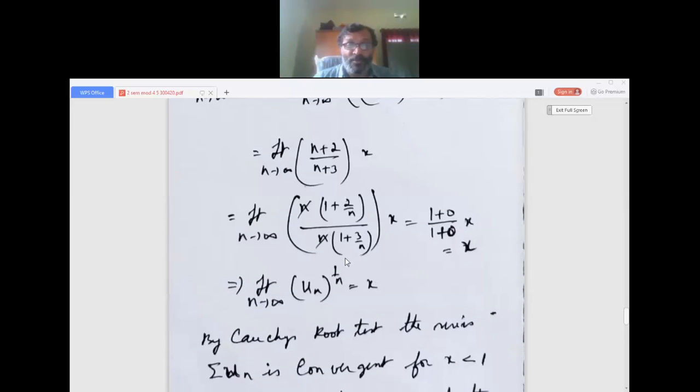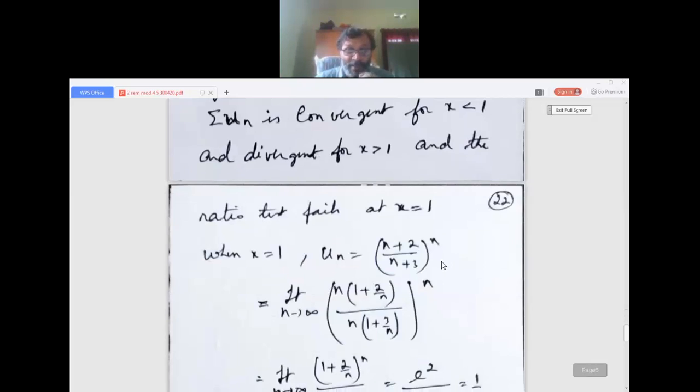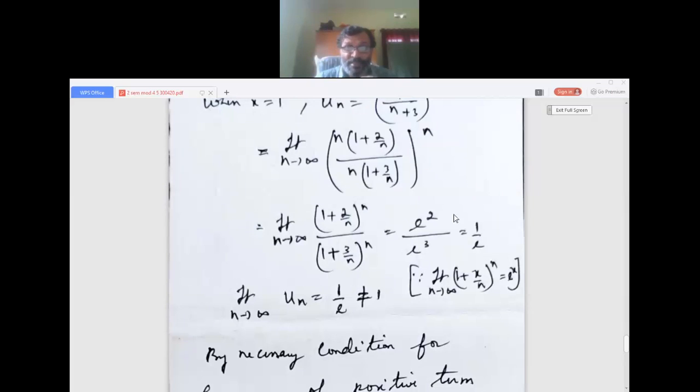We put x equals 1 in the nth term and find un. Then, using the necessary condition, apply limit n tends to infinity and solve it. Here we get 1 by e, and it is not equal to 1. By the necessary condition, if limit n tends to infinity un is equal to 1, it is convergent. If it is not equal to 1, it is divergent. So here it is not equal to 1, so it is divergent.